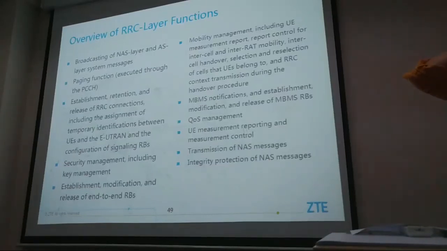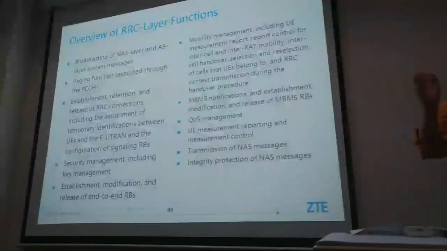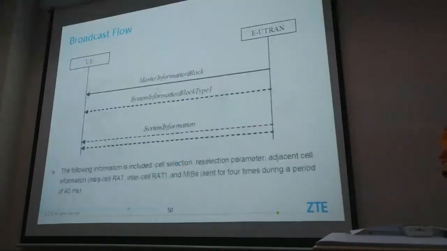Such as in 3G, before, we had the controller, and all the management functions were realized there. But in 4G we don't have the controller, so the management functions are moved to the eNodeB side and realized in the RRC layer. This is the control layer. For different management, it's realized by different signaling.